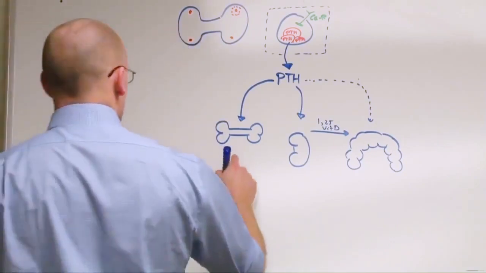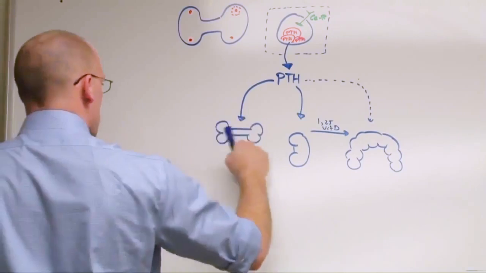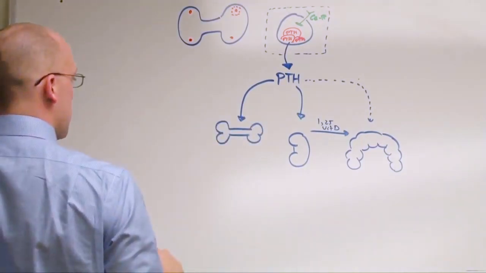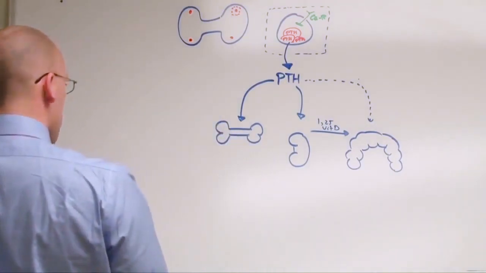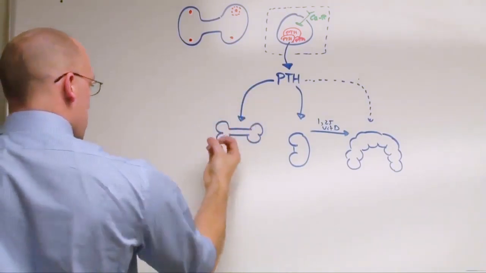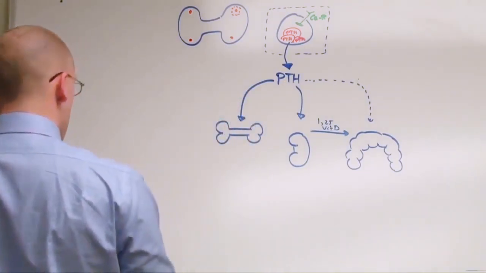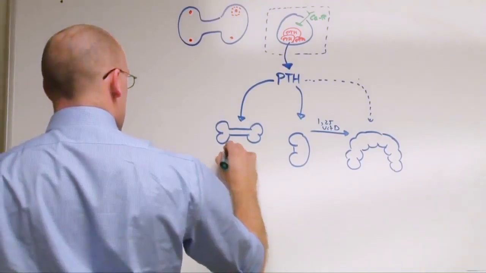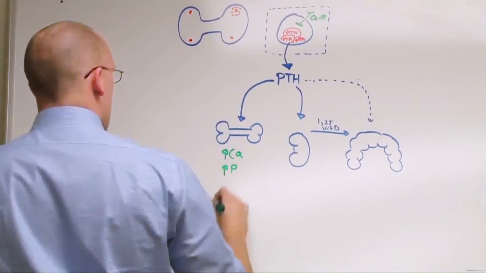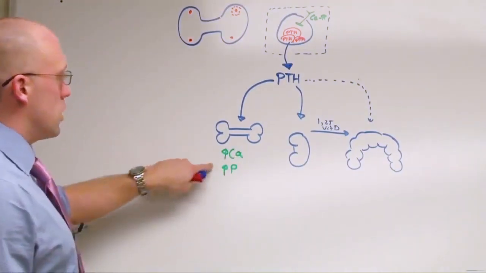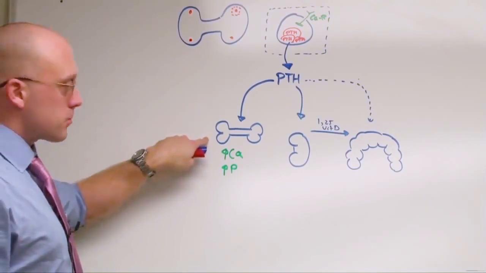In the bone, it's going to cause resorption of bone. Osteoblasts stimulate osteoclasts, clasts clear bone. It takes the bony matrix and releases the minerals. You're going to see an elevation in the calcium and an elevation in the phos, because after all, calcium and phos make up the bony matrix.